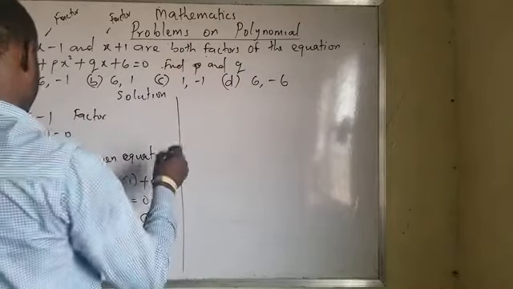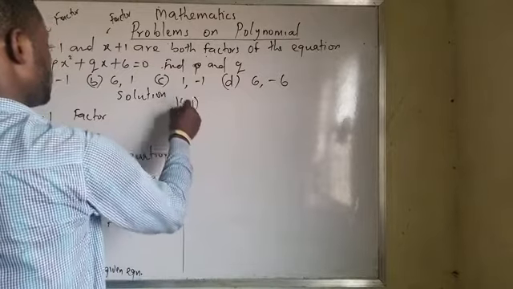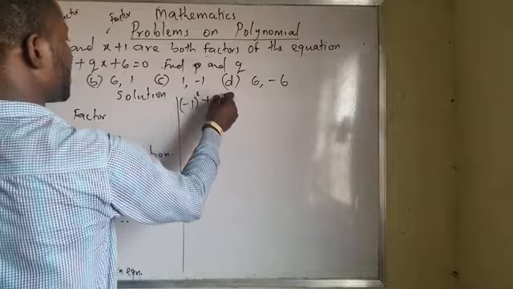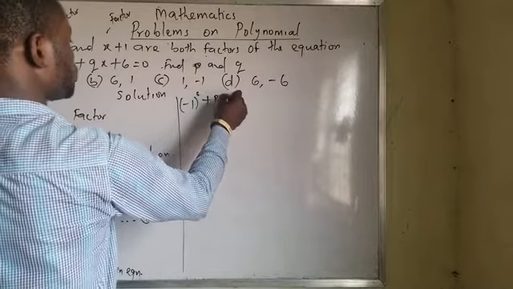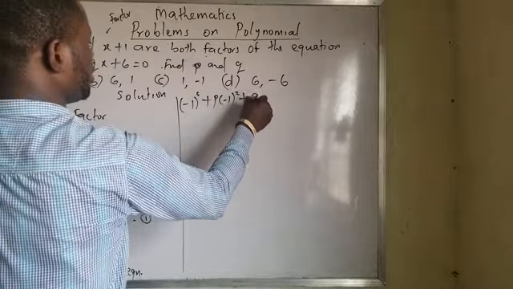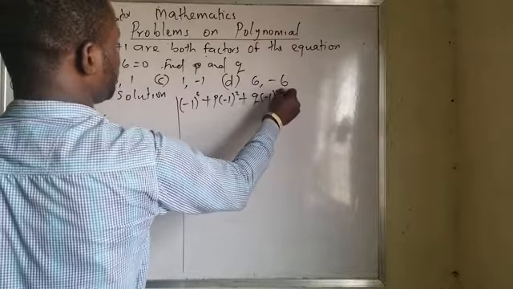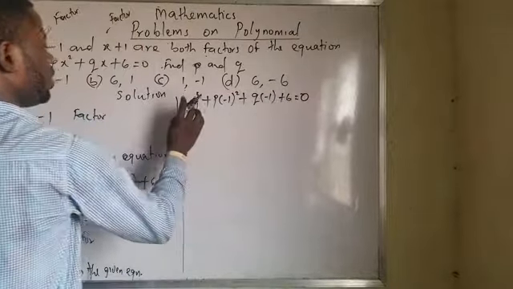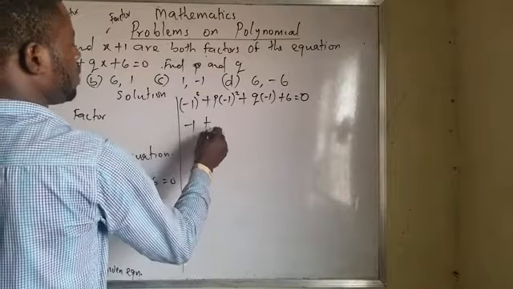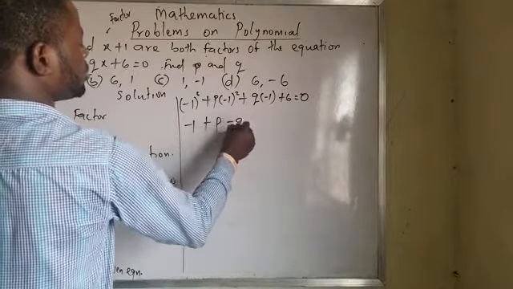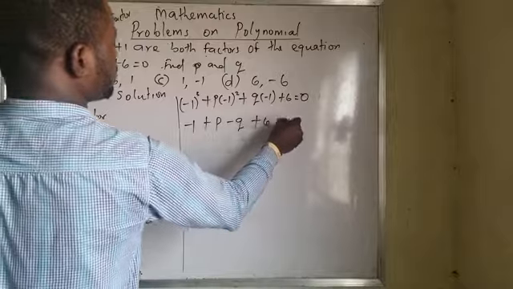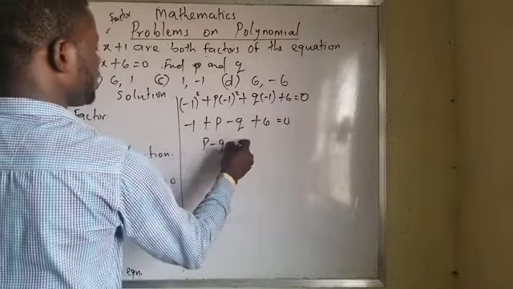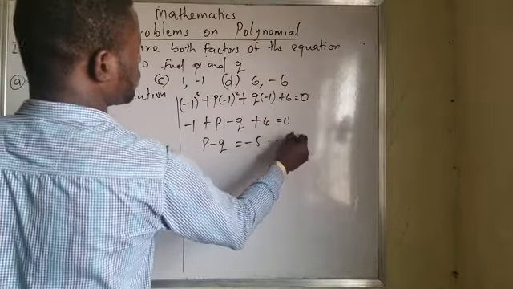It means (minus 1) raised to power 3 plus p bracket of minus 1 squared plus q bracket of minus 1 plus 6 equals 0. Now, which is minus 1 plus p minus q plus 6 equals 0. So p minus q equals minus 5, equation 2.